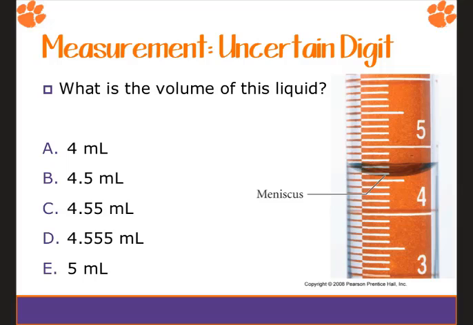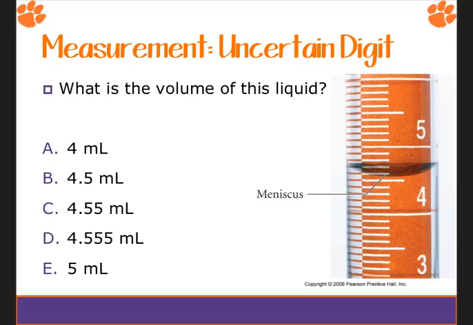To read properly for water or a different fluid in a graduated cylinder, you want to read to the bottom of the meniscus. We look at this little concave shape, and wherever the bottom of that concave shape hits, that's where you read your volume. So hit pause, try to figure it out, and then I'll join back with you.